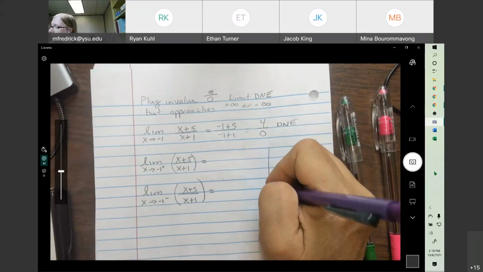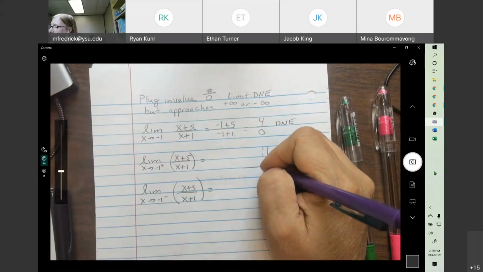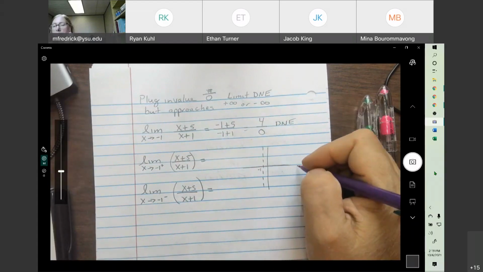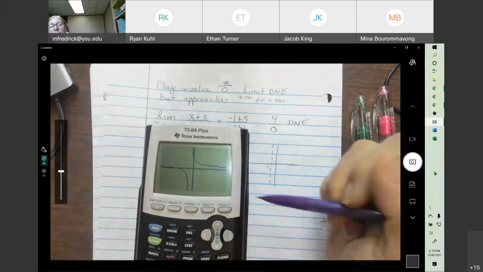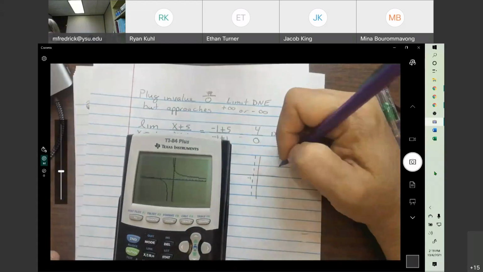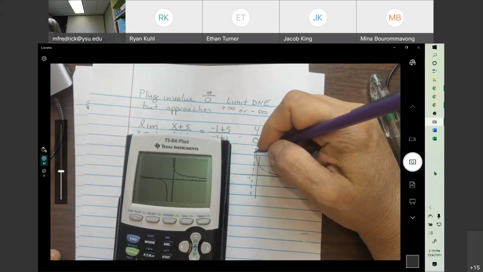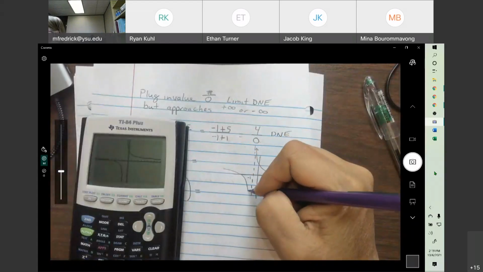If I look at the graph, at -1, there should be an asymptote. And that's where that break is right here. And then the graph's going this way. This way.